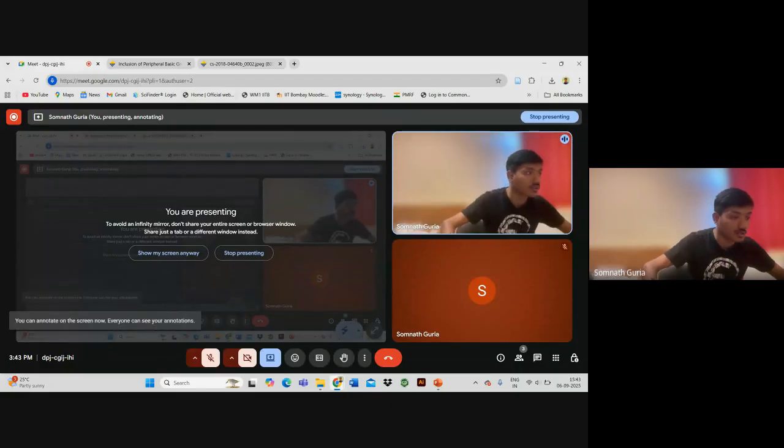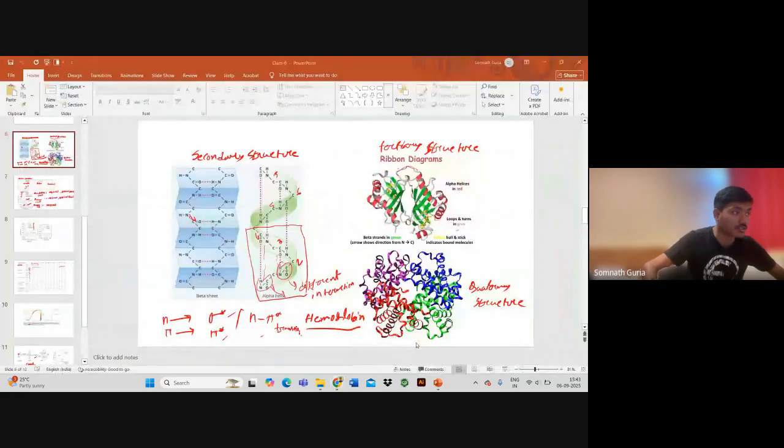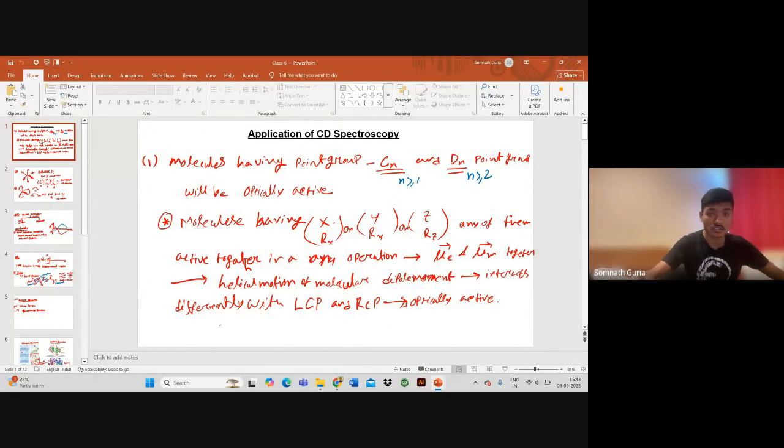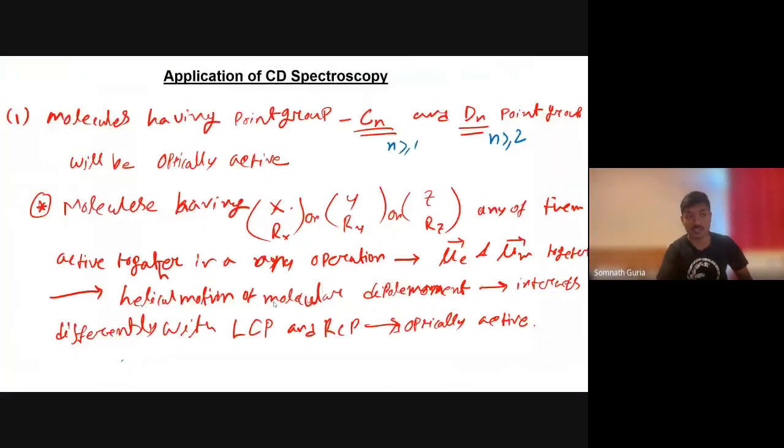Okay, so in the last interaction session, we discussed how amino acid CD spectra look.